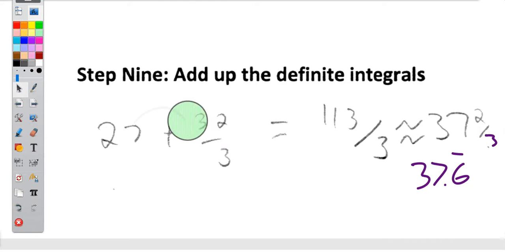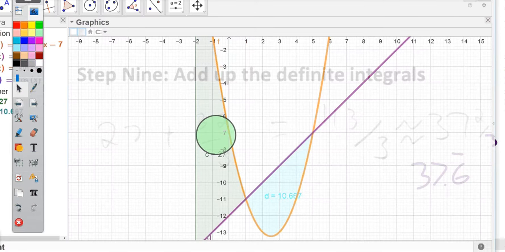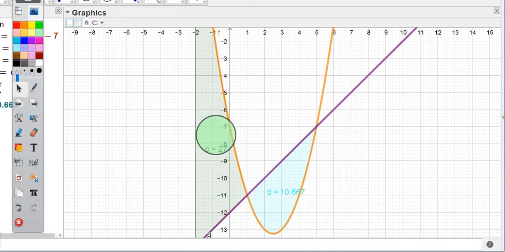And we didn't have to do any kind of absolute value, because for this method, we determined what our upper and lower functions were for each interval, and that takes care of itself. So it's a different method, but I think it's important to conceptually understand the difference between upper and lower graphs, and it works equally as well.